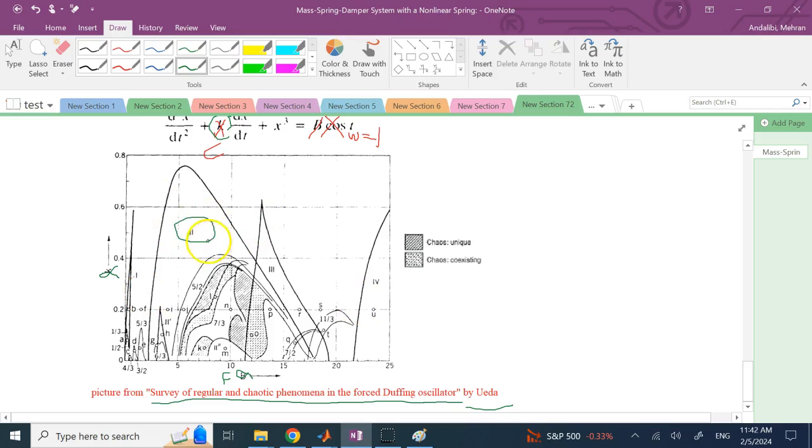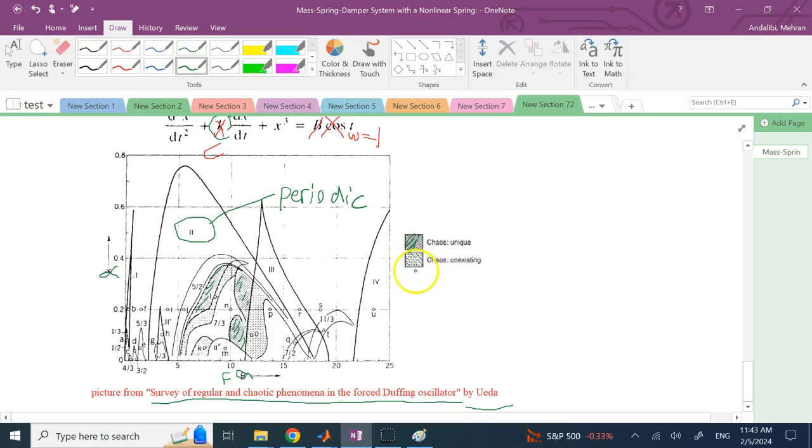Like here where it's white, it is periodic, right? So if you see a region that is not hatched, that region is periodic. If you see a region that is completely hatched like that, that is chaotic, like this region here, as you can see.